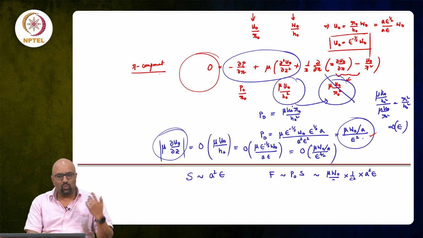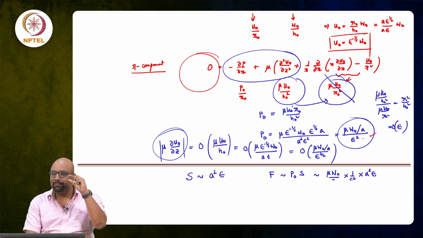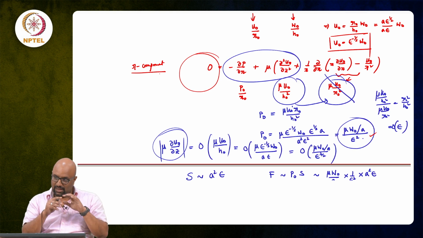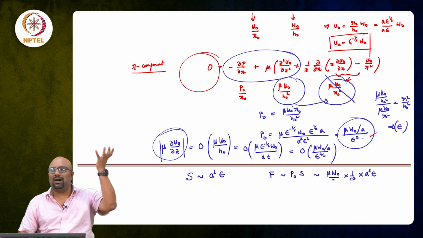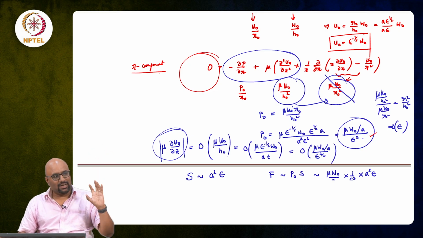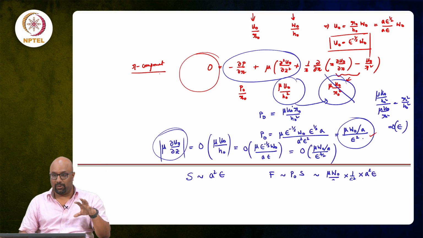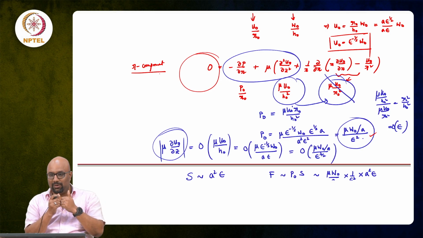So, even if you were to start off with the Navier-Stokes equation, the Reynolds number based on the gap becomes negligible, and thus the entire derivation that we have done today will also be applicable if at the scale of the particle it is not a Stokes flow problem. Right now our starting point was at the scale of an isolated sphere, it is a Stokes flow problem, and then we are doing this gap problem.